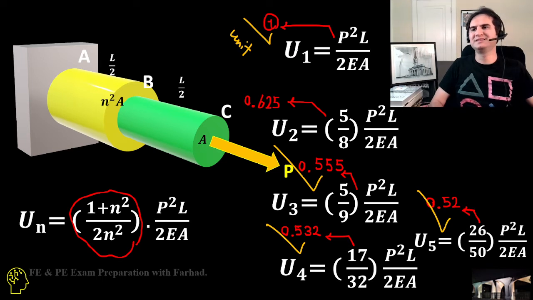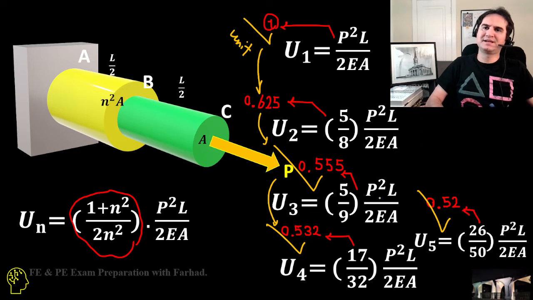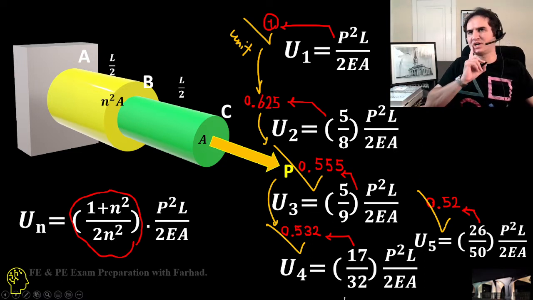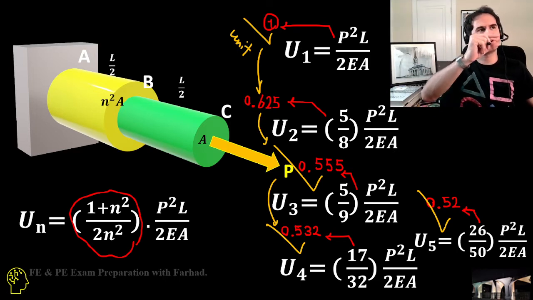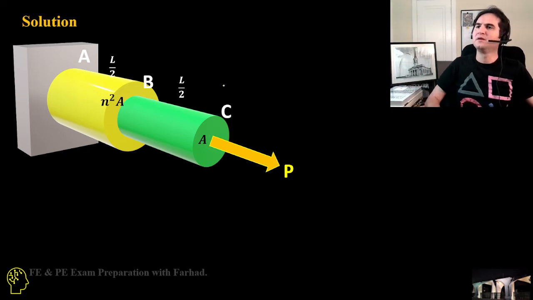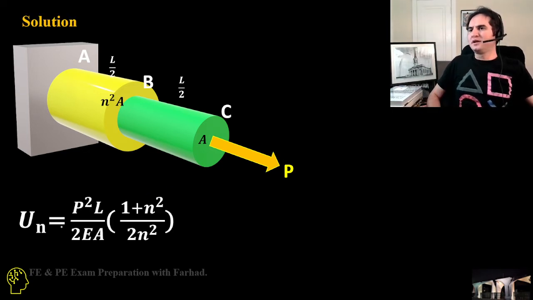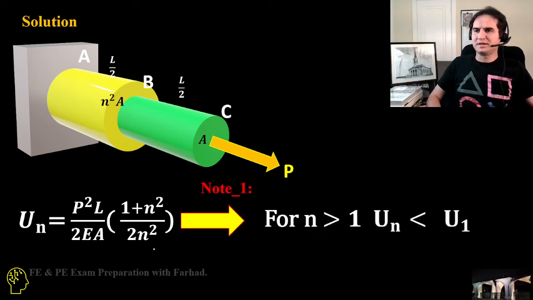You can easily see how U is decreasing. There is a big drop from 1 to 2, but then the incremental decreases are reducing in size from U1 to U2 to U3 to U4. So the increments are decreasing. So U_n is again P squared times L over 2EA, times 1 plus n squared over 2n squared.